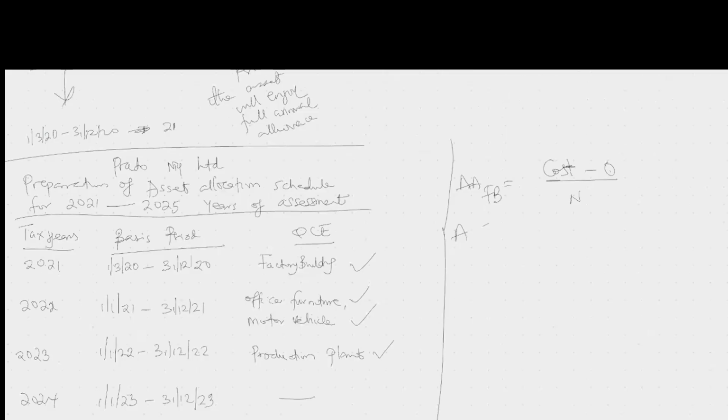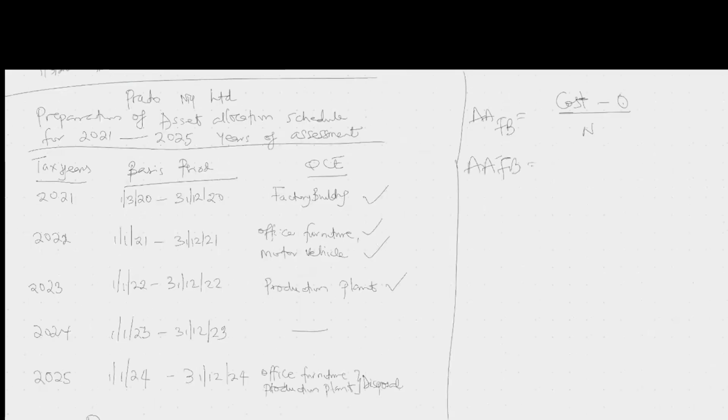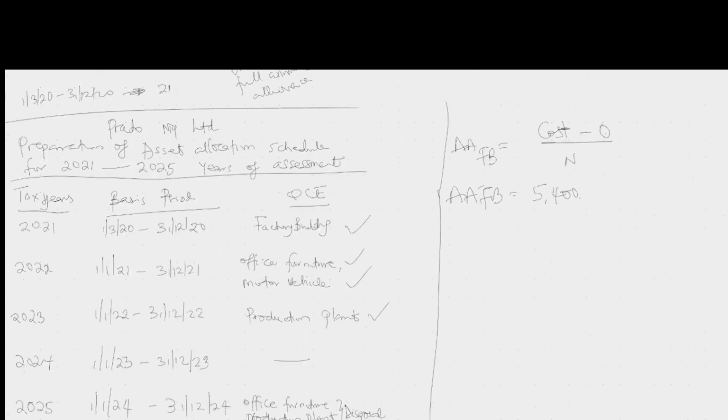The asset is supposed to be used for 10 years. Okay? So ordinarily, whatever you get would have been the answer if we don't need to prorate the basis period. If we don't need to prorate, I'll just divide by 12. But because the basis period is less than 12 months, I'll have to prorate it.